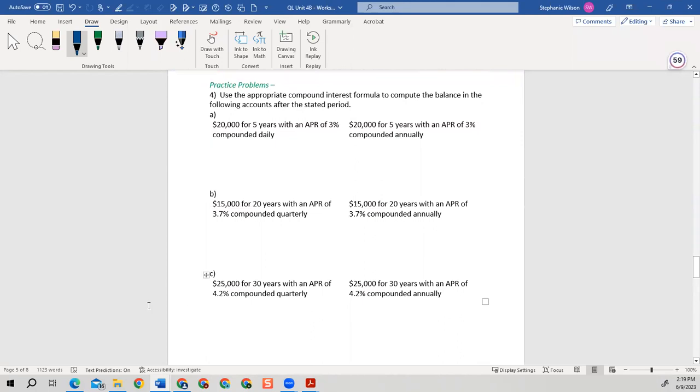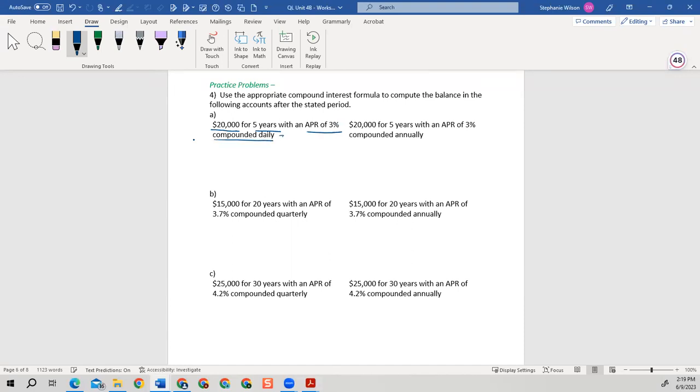All right. So now it says use the appropriate compound interest formula to compute the balance of the following. So we have here $20,000 for 5 years, APR of 3% compounded daily.